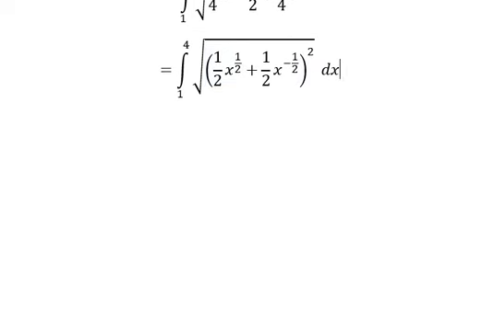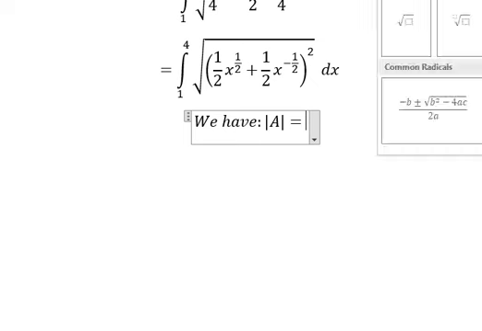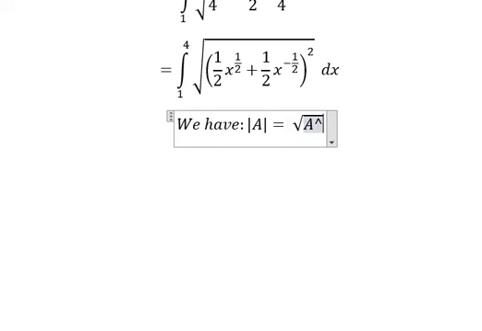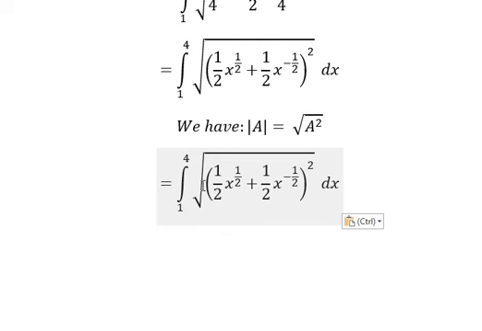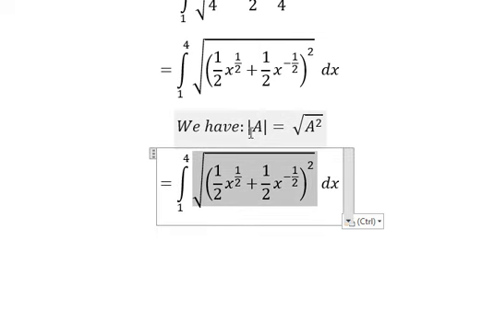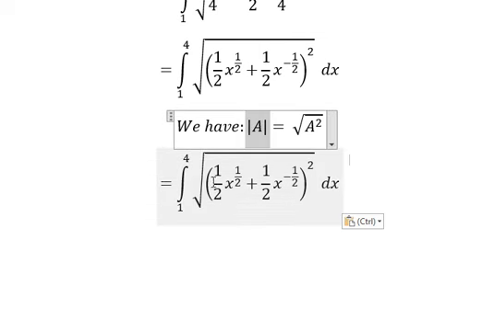So we have the formula in here. So this one we change by this one.